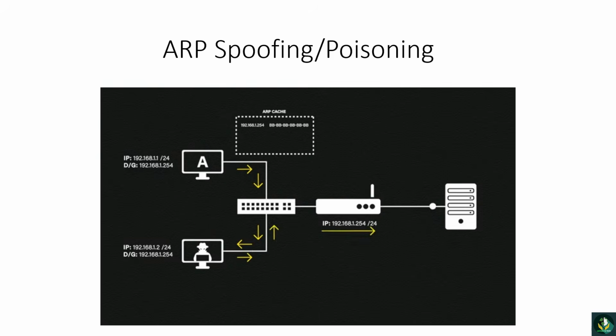So first, host B, which is an unethical hacker, launches an ARP poisoning attack. Then the hacker modifies the ARP cache in host A. Then the traffic of host A is rerouted to the attacker, as you can see in this picture.